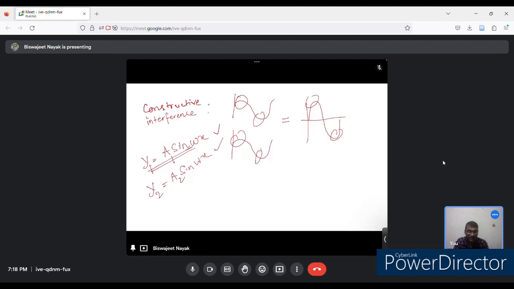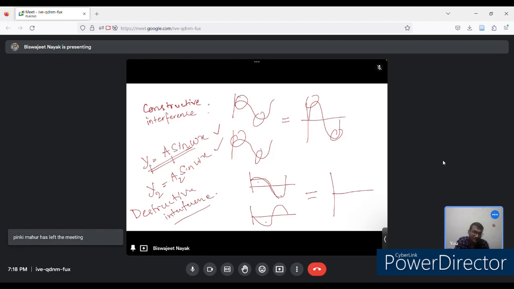And for destructive interference, the two waves have opposite phases, so when they add up, it's basically nullified. If the amplitudes are the same, it will totally be zero.